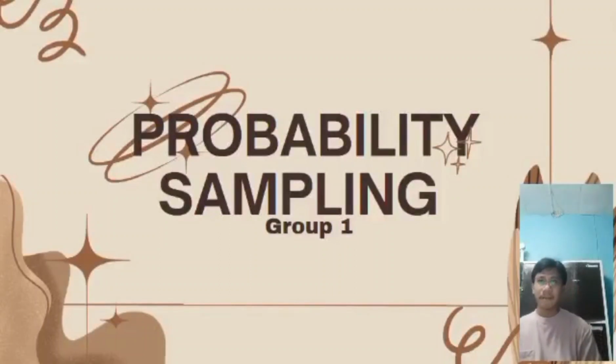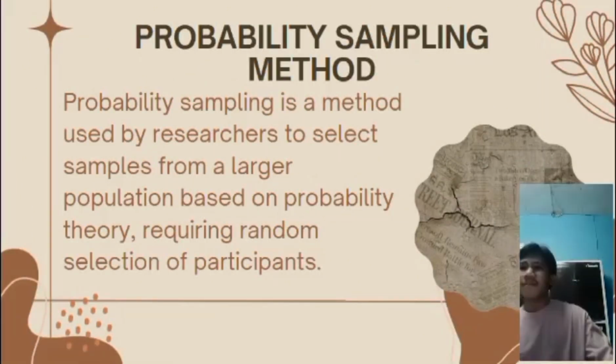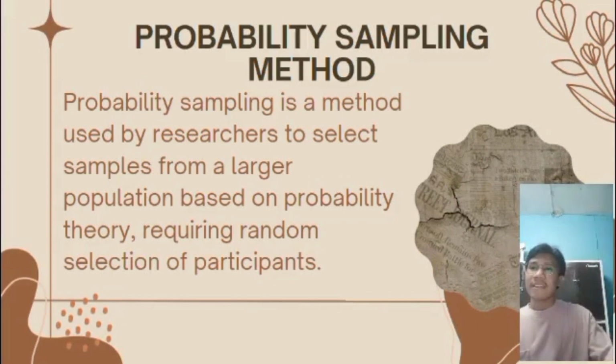Good day everyone. Ngayon ay i-report namin ang probability sampling or also called as random sampling. Probability sampling method is used by the researchers to select samples from larger population based on the probability theory requiring random selection of participants.